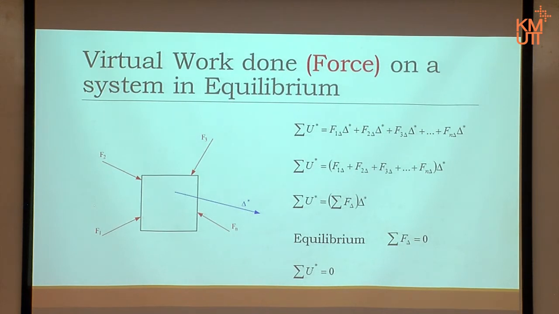So to prove the work done is zero comes through sigma F delta being zero because of the equilibrium, right? Equilibrium says no matter which line you take, the summation of force on that line must be zero, which we usually call sigma Fx equals 0, sigma Fy equals 0, and sigma Fz equals 0. So as long as you sum every force on the same line, it must always be zero. Otherwise you create acceleration, right? Are we clear here? Let's move on.